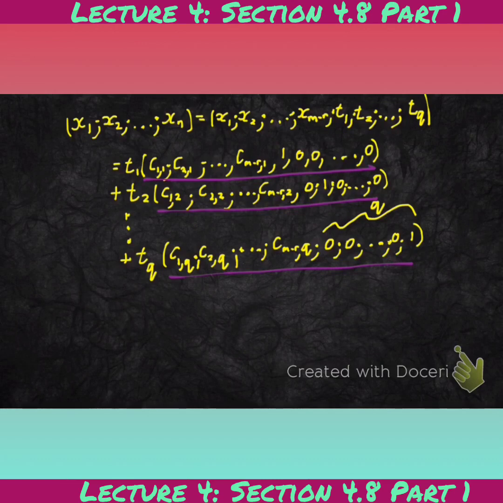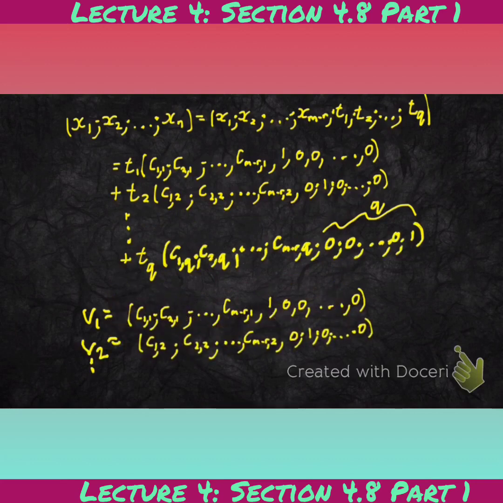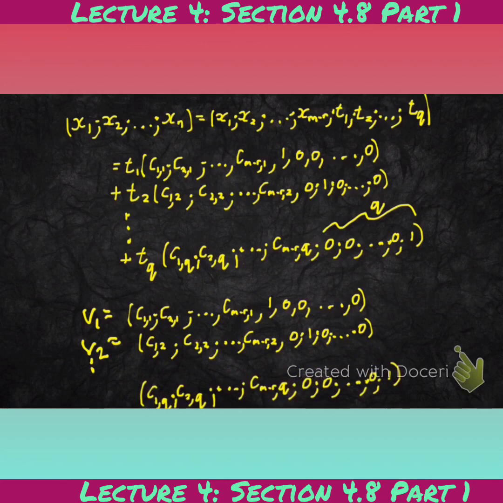I just need to check that they are linearly independent. We take the first vector and label that v1, the second vector and label that v2, and go up until the last vector, which we label vq.